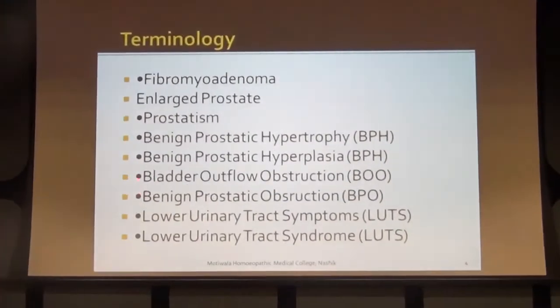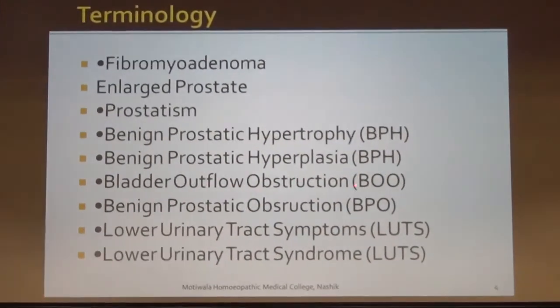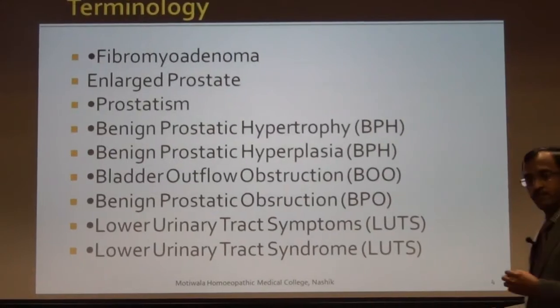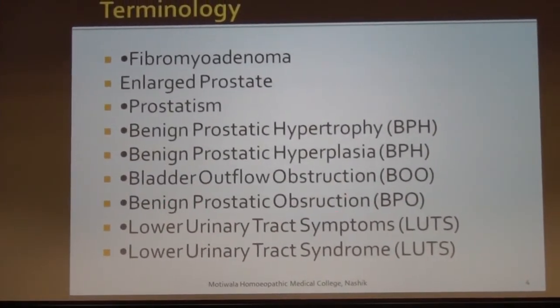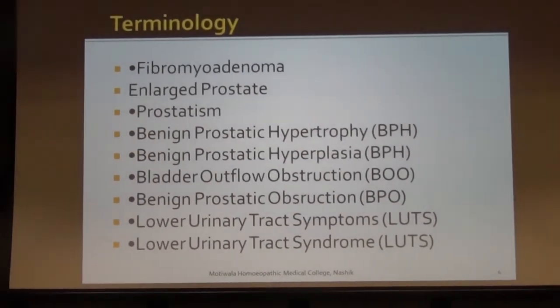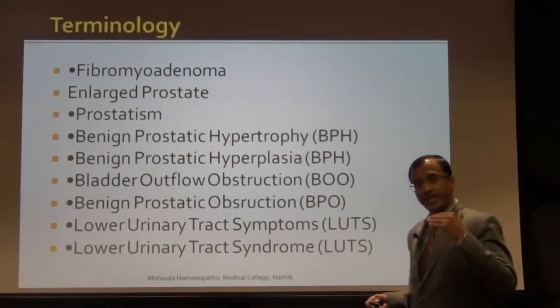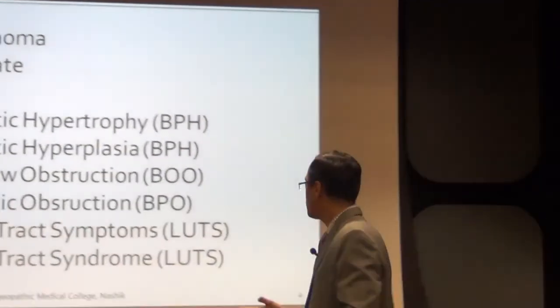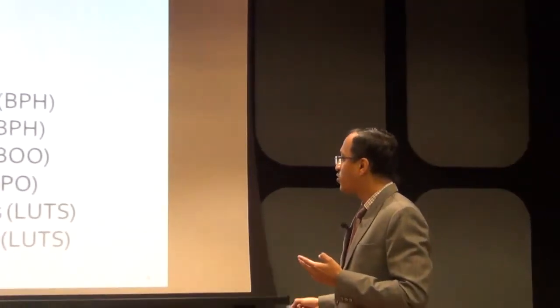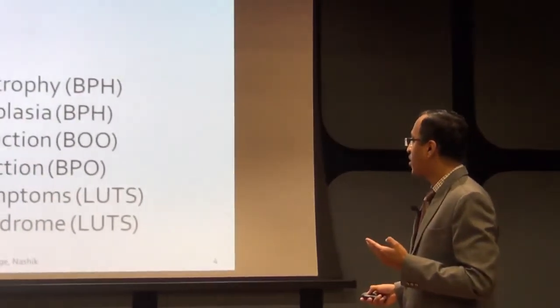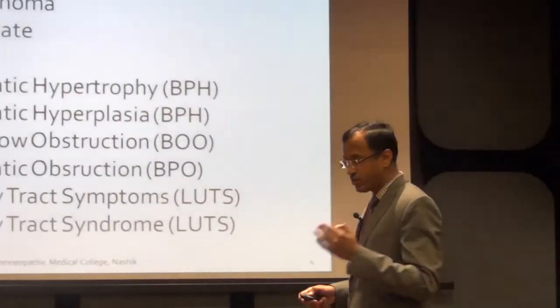It is also called bladder outflow obstruction syndrome and benign prostatic obstruction, or in medical terminology, very commonly the consultant uses the word LUTS, which refers to lower urinary tract symptoms or lower urinary tract syndrome.